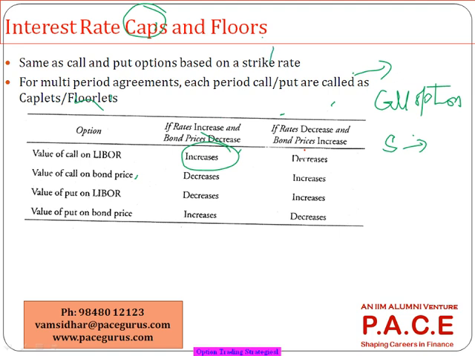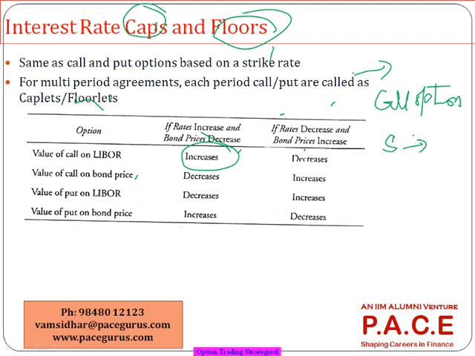And similarly, there is another instrument called a floor. Floor is on the downward side, especially if you are a lender, you are receiving a floating rate. When the market rate is 7%, you will receive 7%. 5%, you will receive 5%. 1%, you have to receive 1%.